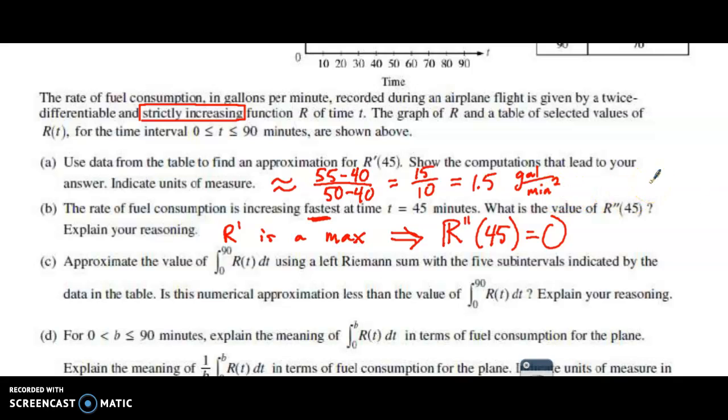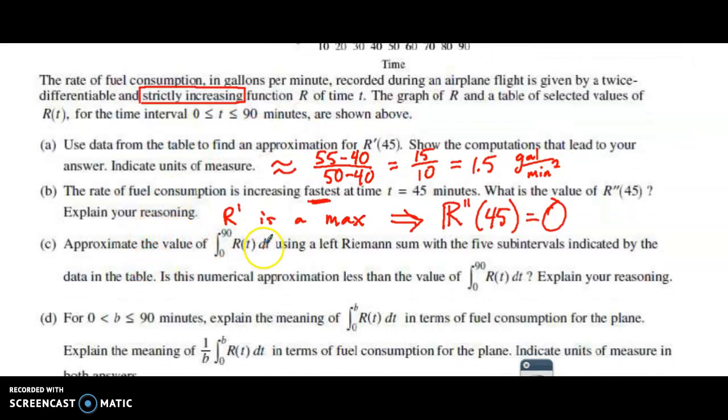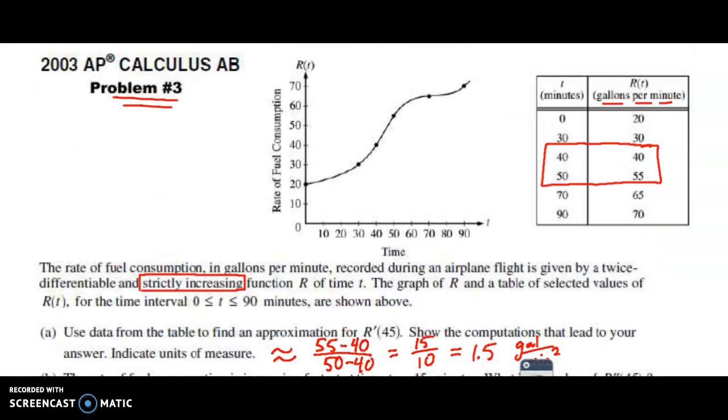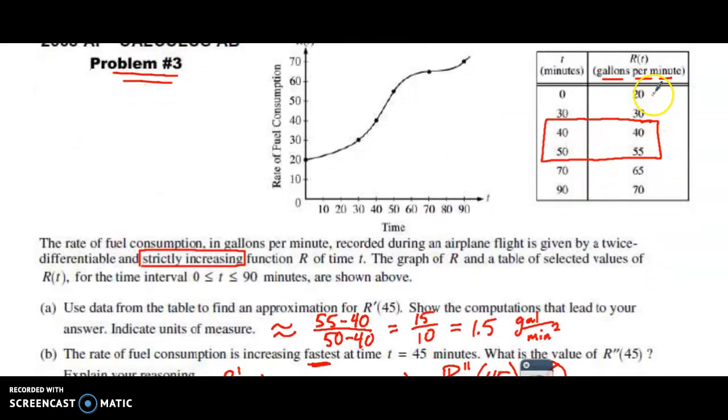With this being a 2003 test, I feel like there's enough questions that this one would be a little bit like a plus standard, so to speak. As you look at part C, we're approximating the integral using a left Riemann sum with 5 subintervals. As I'm looking at it, there's 1, 2, 3, 4, 5.